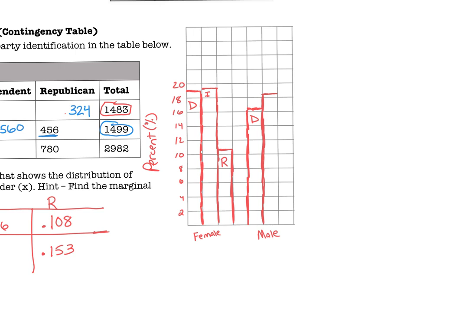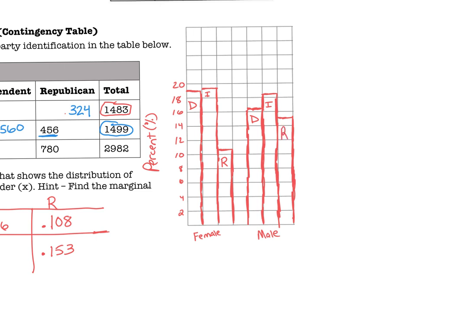Going to draw that out. There we go. Again, this is independent. And then finally, the Republicans, they came out to be 15.3%, which is somewhere right in here. And we'll finish that bar out. And there you go. There's your segmented bar chart.